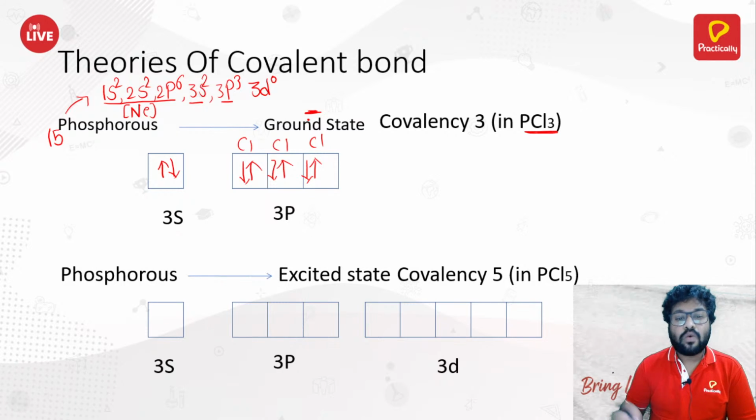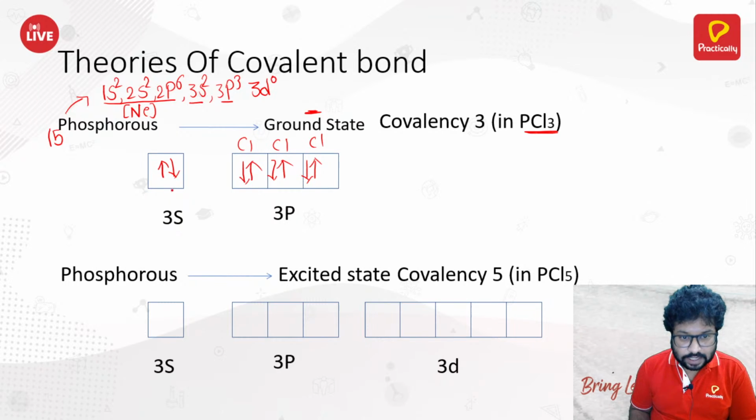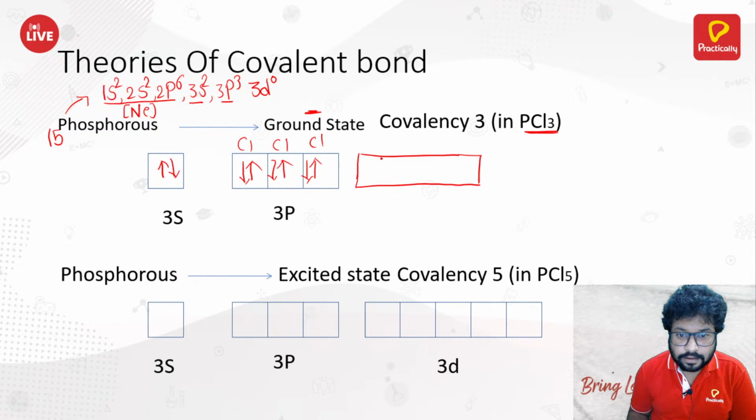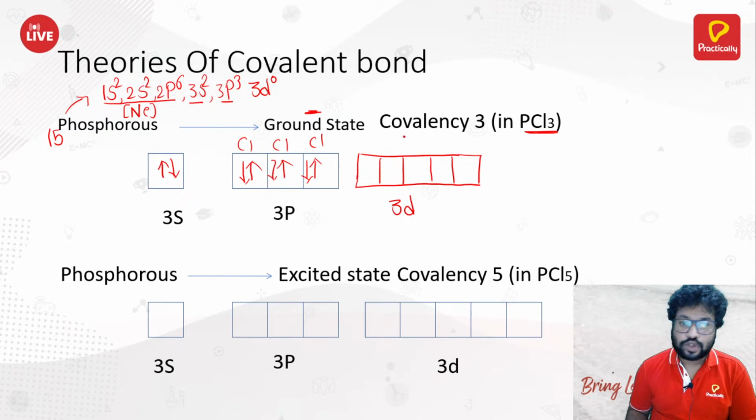But now, what happens in the excited state? In the excited state, the electron pair gets promoted to an empty d orbital. You have a 3d that is always empty, so if you do not give any energy, it will stay as it is.